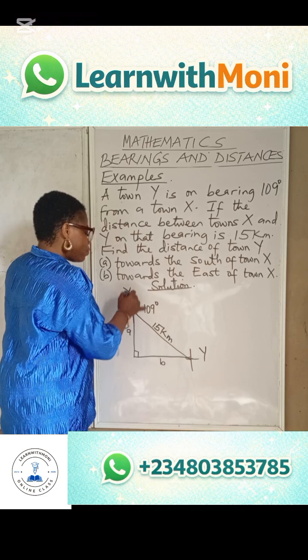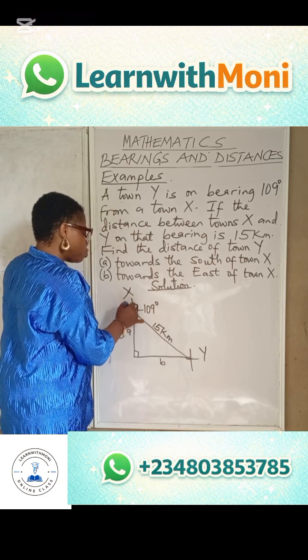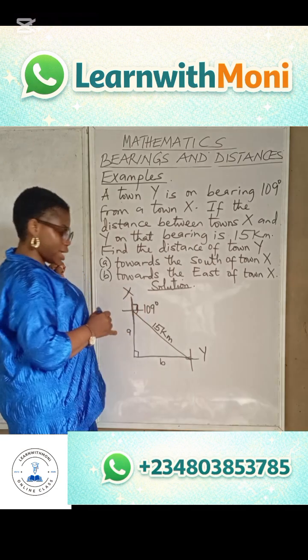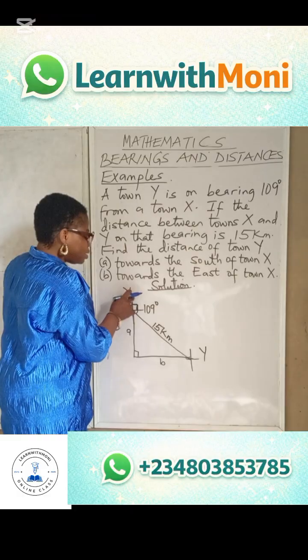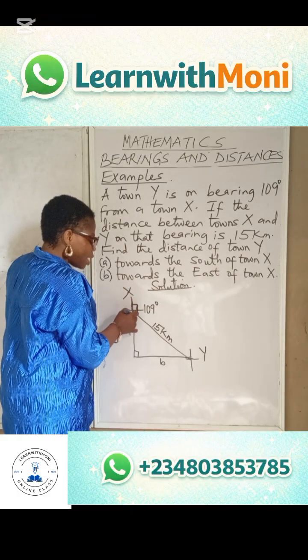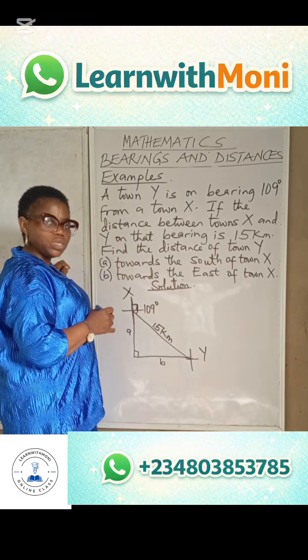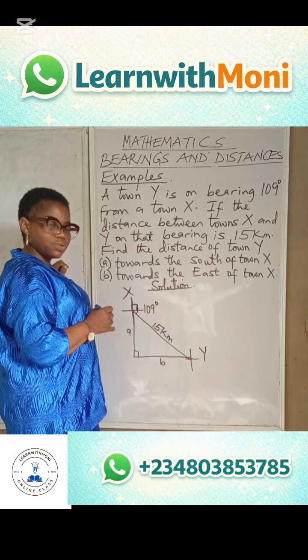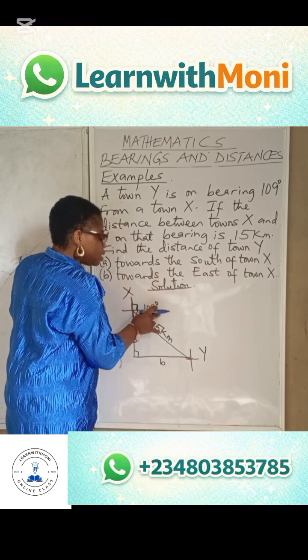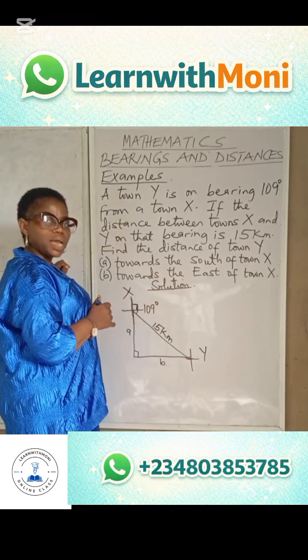Looking from north to south cardinal here, we know that the distance between the north and the south is a straight line, which is 180 degrees. This bearing is already 109 degrees.